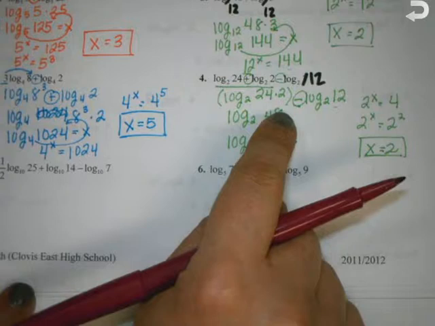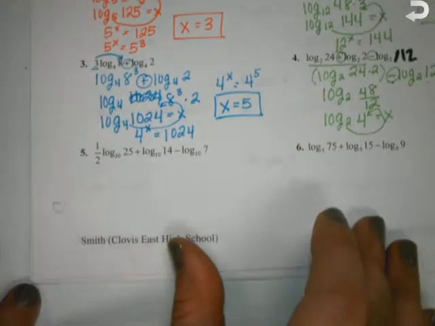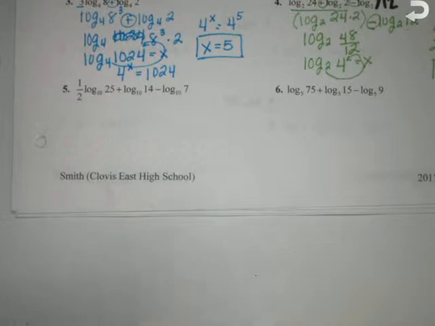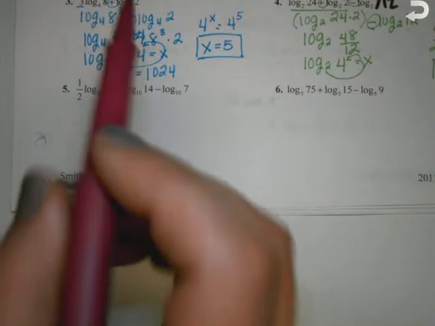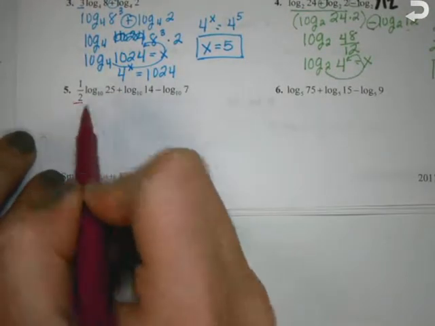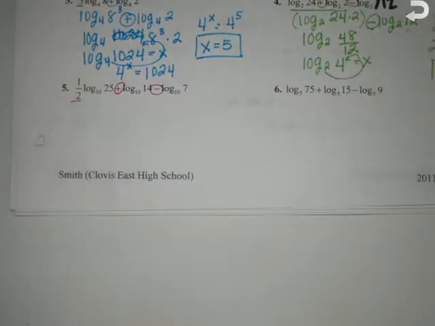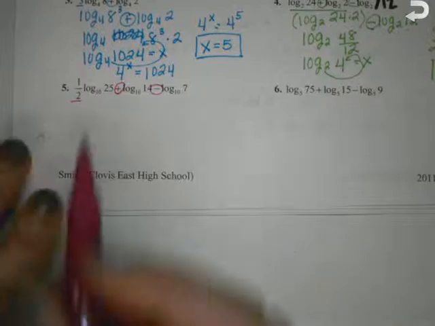Okay, number 5. I see lots of different rules here. All 3 of them. There's a power rule right here, there's a product rule, and there's a quotient rule. Which one do I have to take care of first? The power. So let's rewrite it, just putting that power up to the front.